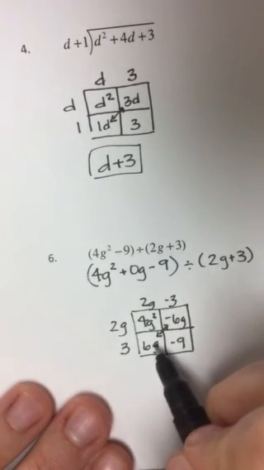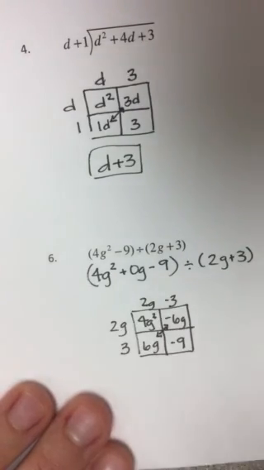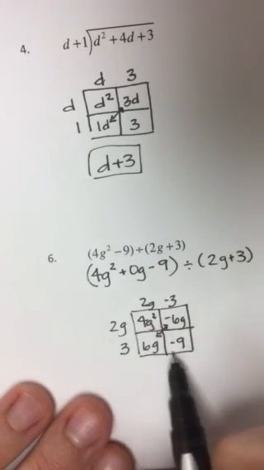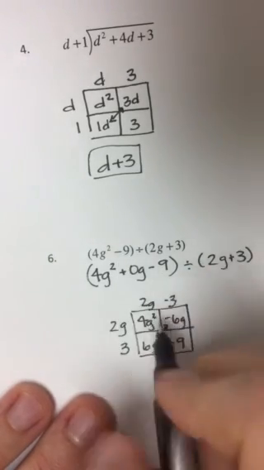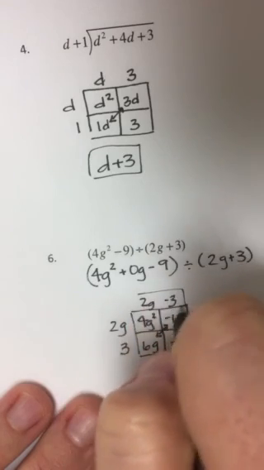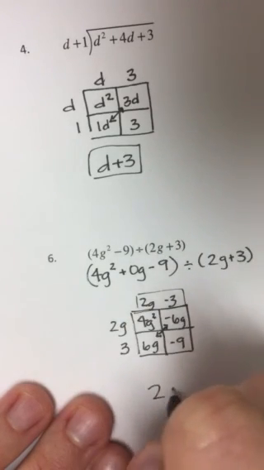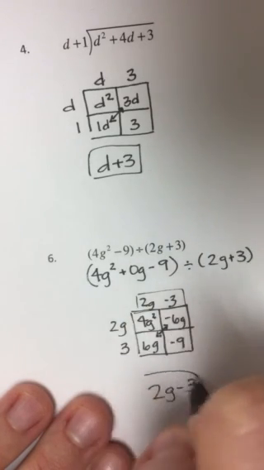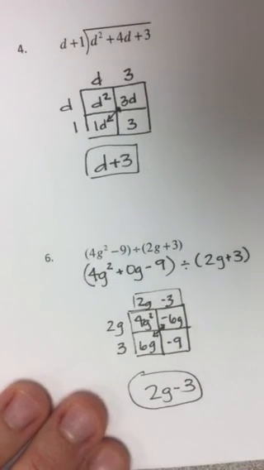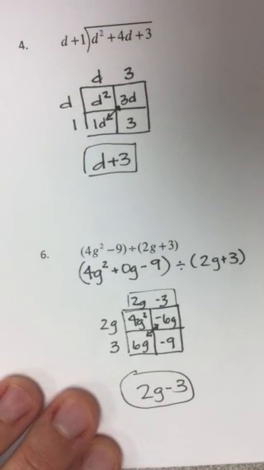So negative 6 and positive 6 would cancel out, and I'm left with that 4g squared minus 9. So my final answer would be what I've got on the top, right? That 2g minus 3. And that's how you solve polynomial division with the box method.